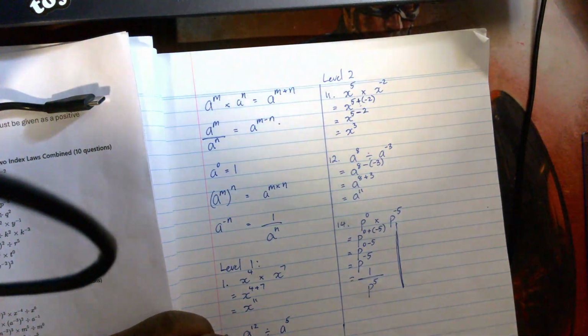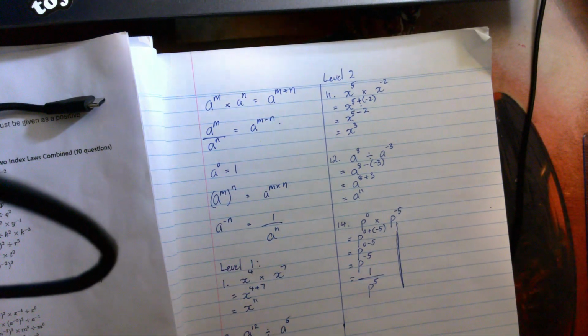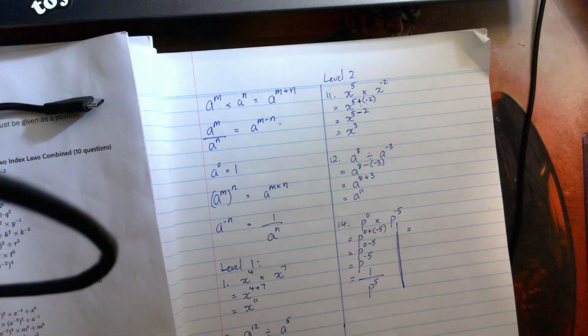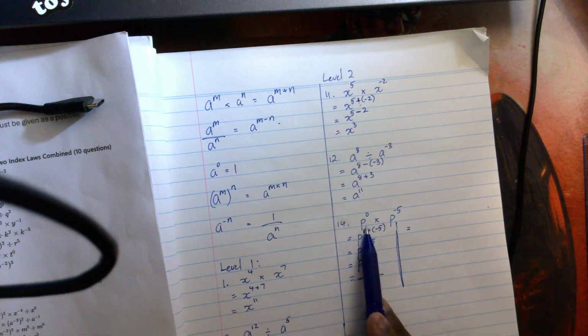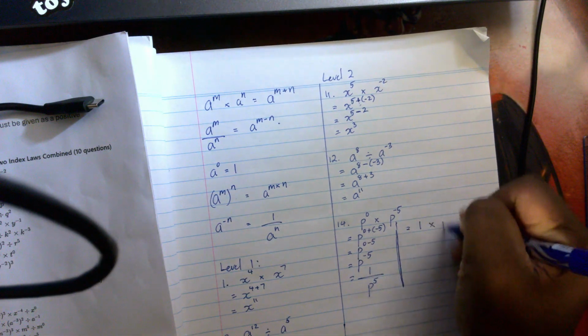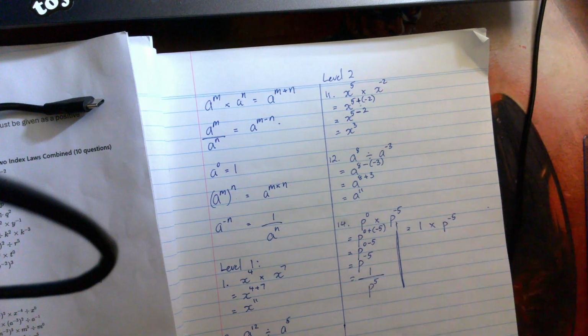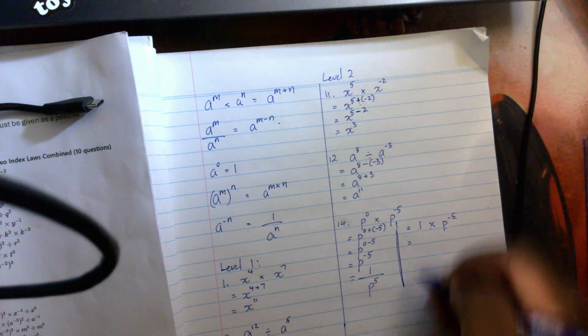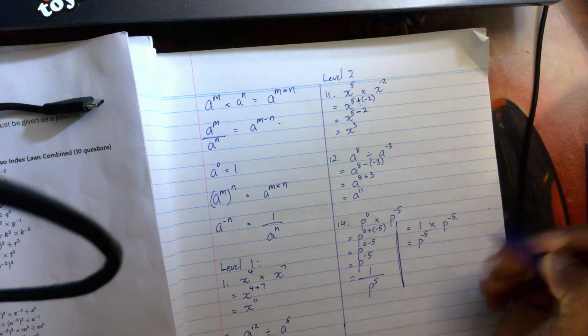I'm going to show you the other way because both ways are correct. It's up to you which way you want to do it. Alright, the second way we can do it. If we apply the 0 rule, we know that p to the 0 is 1, and we're going to multiply that by p to the negative 5. 1 times p to the negative 5th power, well that's p to the negative 5th power.